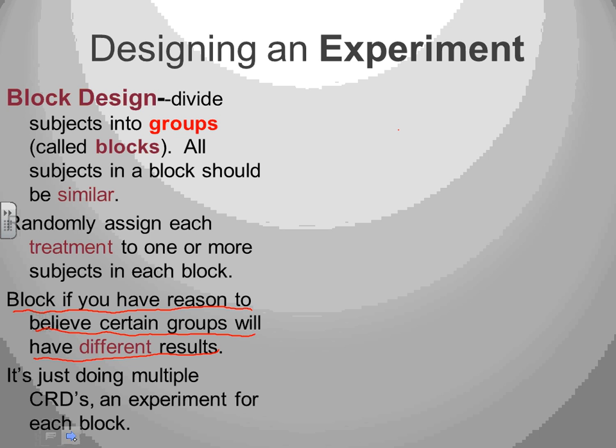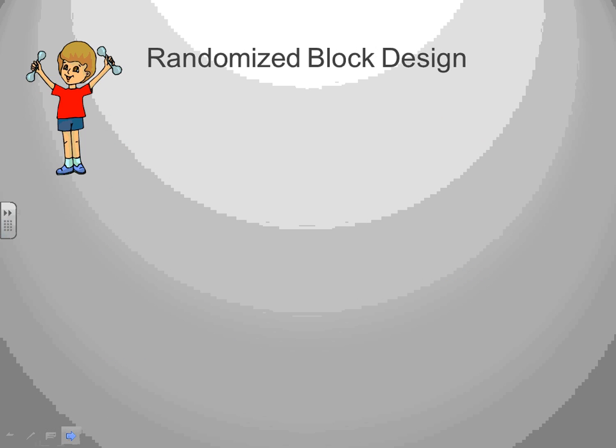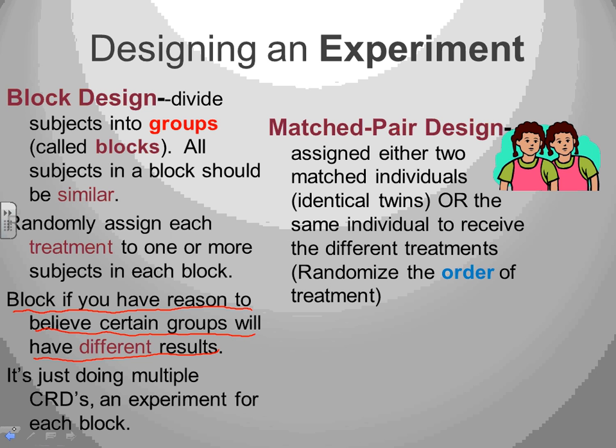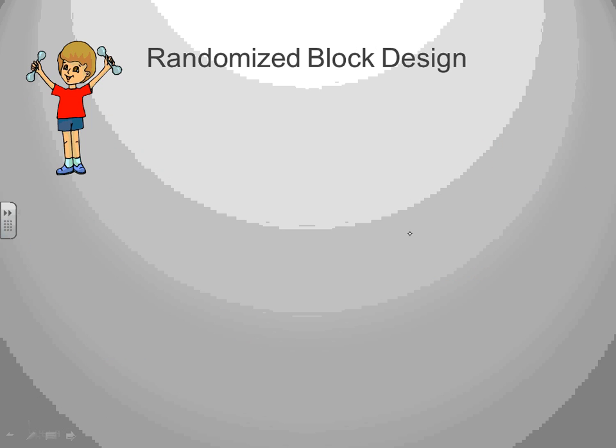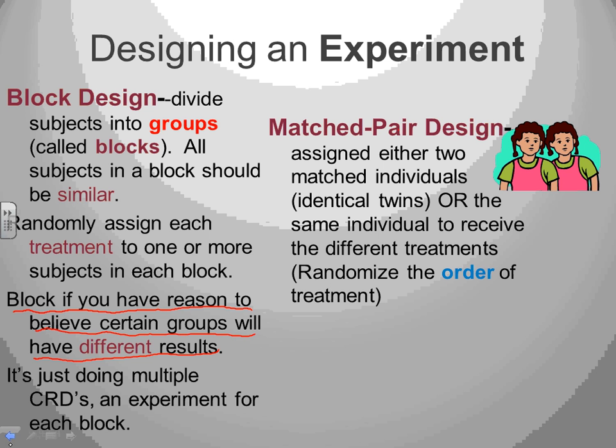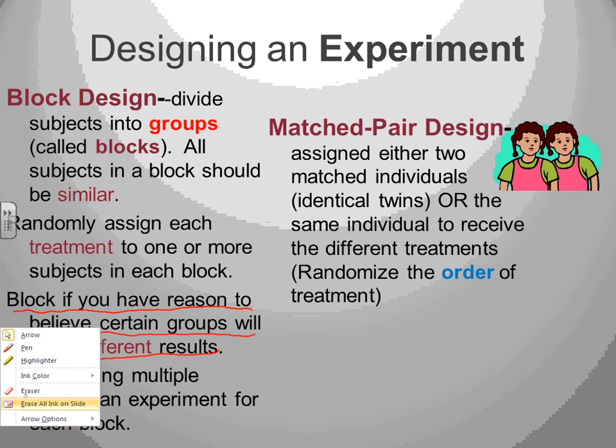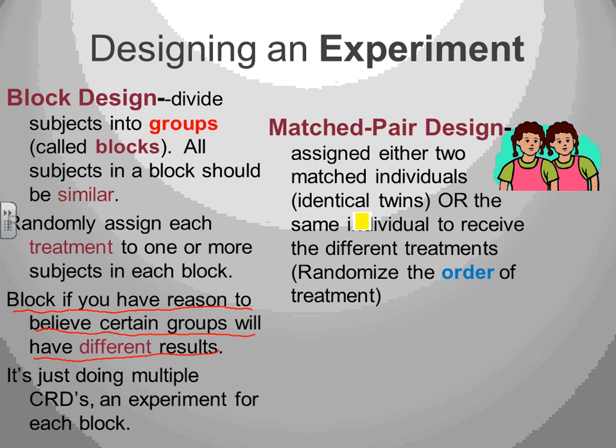Now matched pair, remember, it's either giving an individual both treatments, okay? So either the same individual receives both treatments. This is the typical matched pair. The individual is receiving both treatments, but we're going to make sure we're randomizing the order of the treatments.